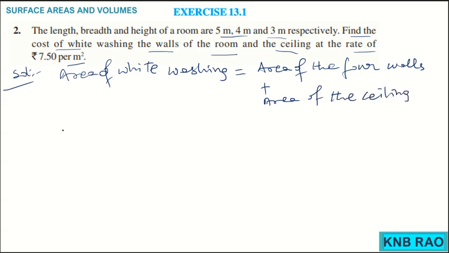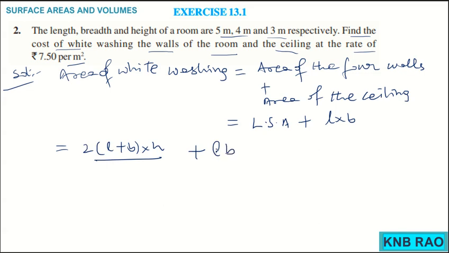That means lateral surface area plus L into B. You know here 2 times (L plus B) into height will give lateral surface area, plus L into B will give the area of the ceiling. Now, substituting those values, here L is 5, B is 4 and 3 is height.